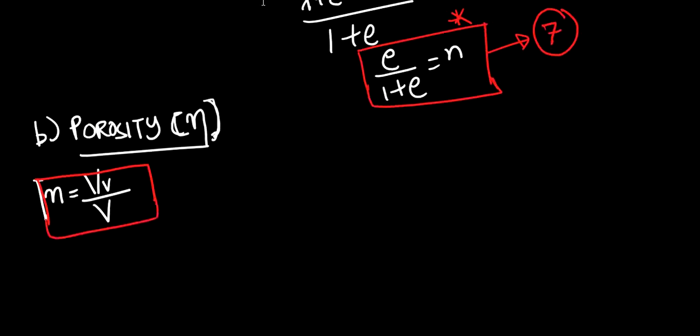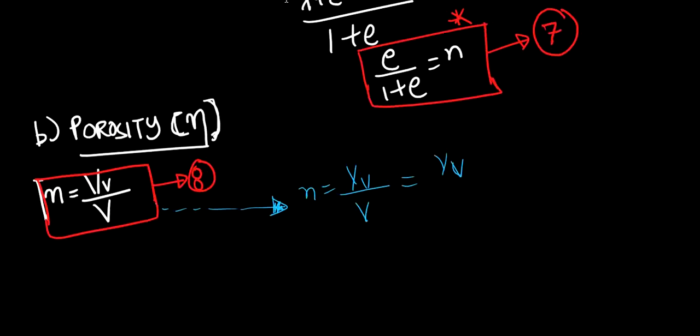Let's number this as 8. You can expand this formula, the same thing that we did in case of void ratio. Porosity is equal to volume of void upon total volume of soil sample. Now I will expand the denominator: total volume of soil sample is volume of void plus volume of soil solids.